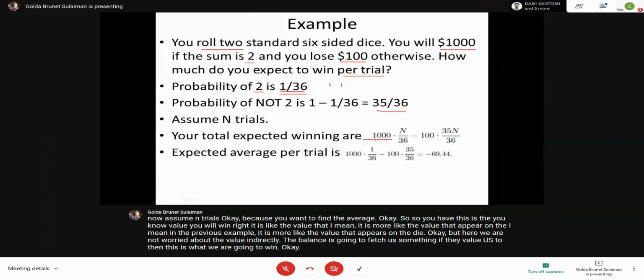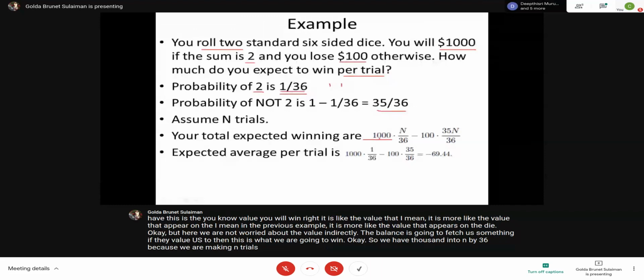So we have 1000 into n by 36, because we are making n trials, minus 100 into 35 into n divided by 36, since this is what we lose. That is why we make a subtraction.